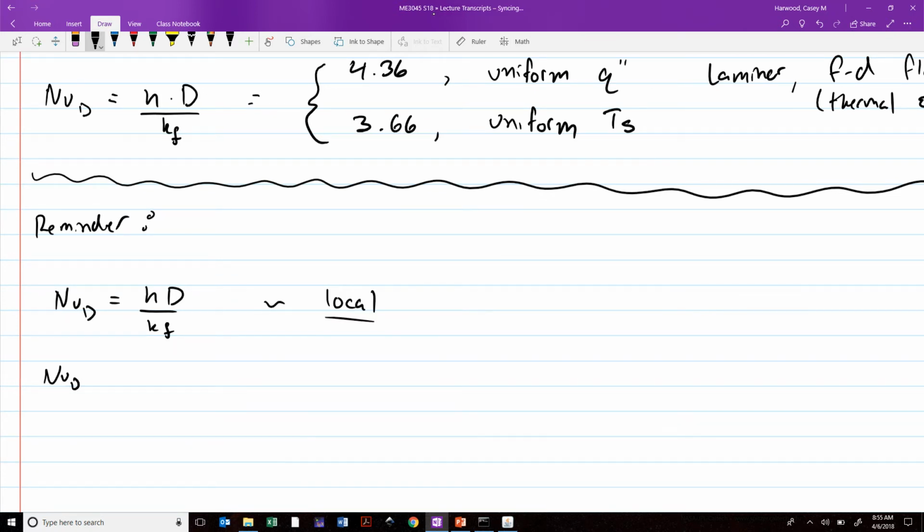And we say Nusselt D bar is equal to h prime D over Kf, which is our average. Okay, we'll talk in just a second about what we really mean by the average Nusselt number in this case, and why that's a little bit different for internal flow through a pipe than it is for external flow over, say, a flat plate.